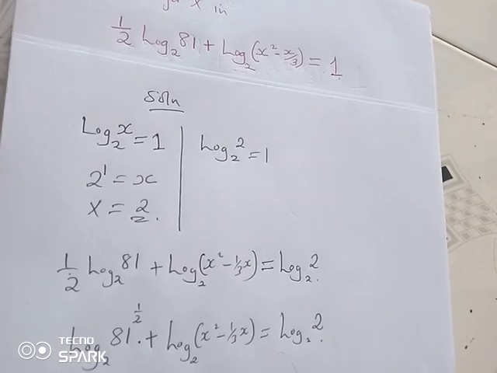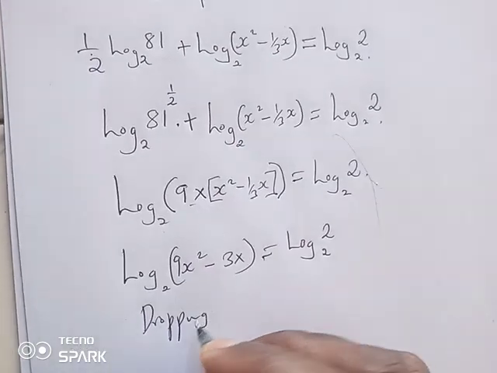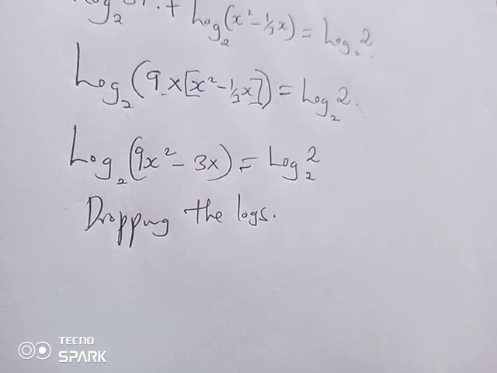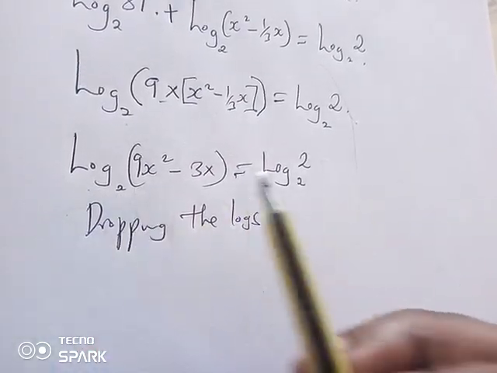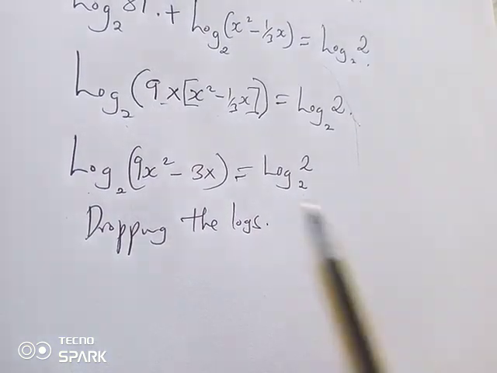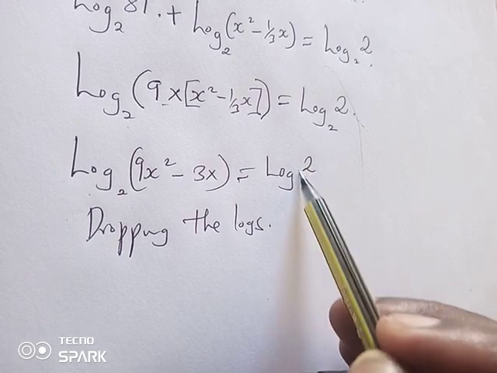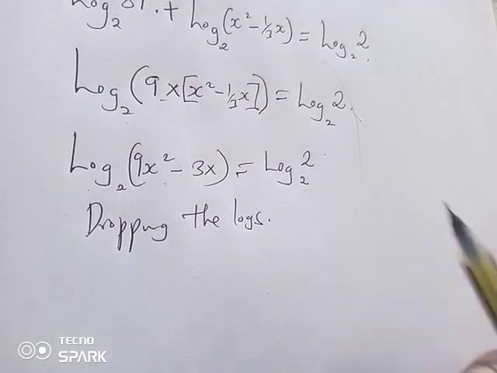So dropping the logs, what do I have now? Because this log base 2 represents the other log base 2, it means their products, or whatever we have here, should be equivalent to what we have here.